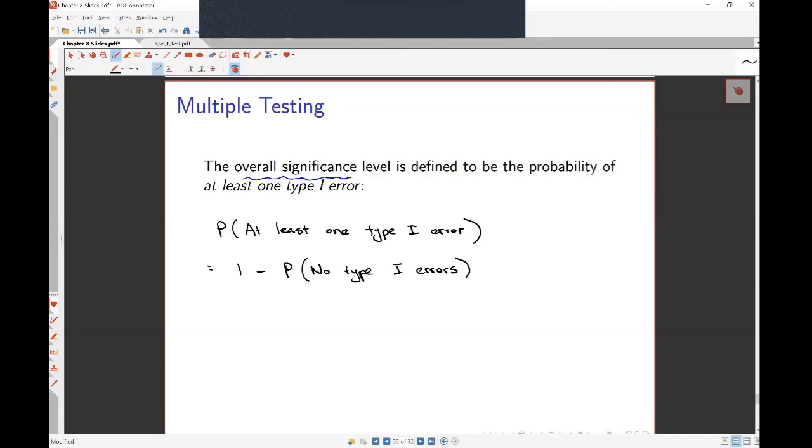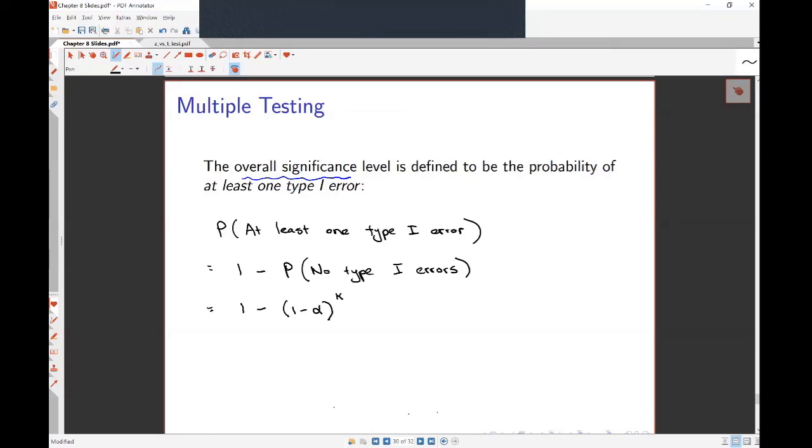And because the tests are independent of one another, the probability of not having a type 1 error for an individual test is 1 minus alpha. And by independence, we can raise that to the power of the number of tests that we're evaluating.